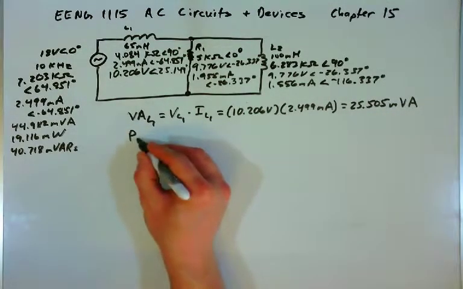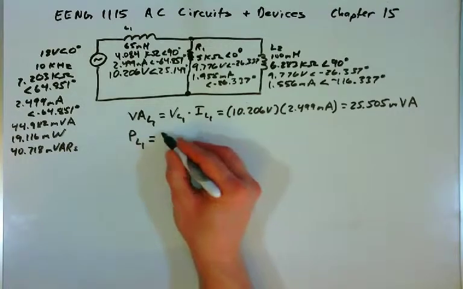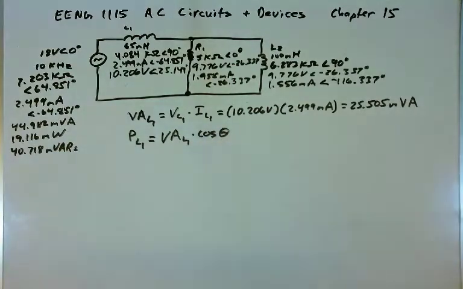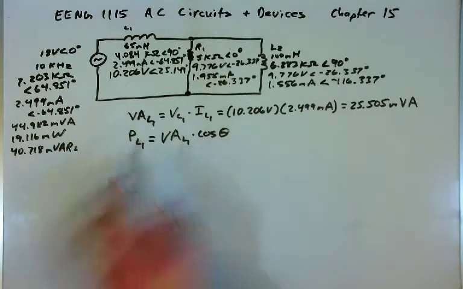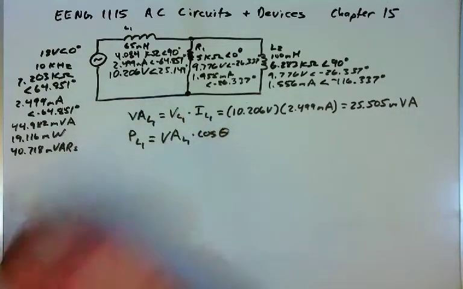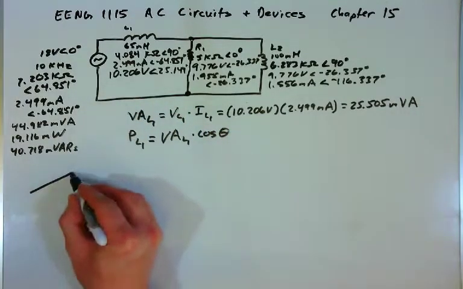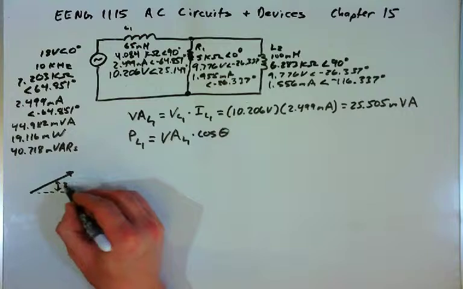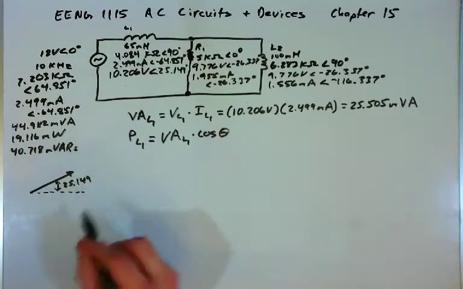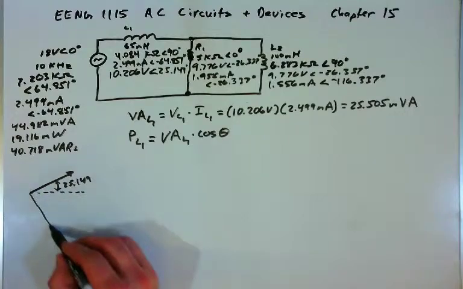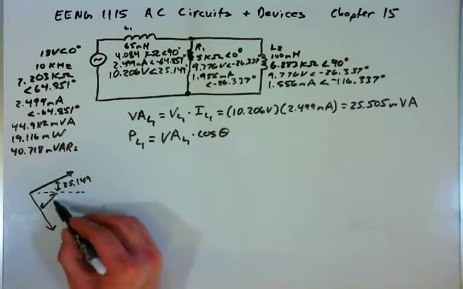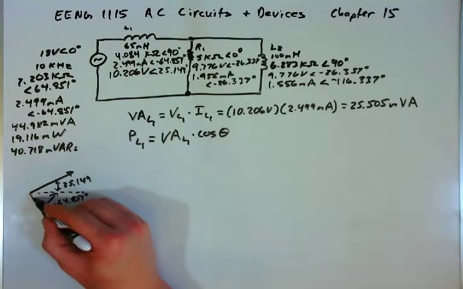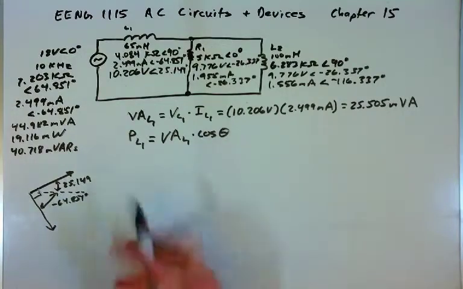Now we can find the power to inductor 1, which will be the volt amps of inductor 1 times the cosine of the absolute value of the angle between the voltage and the current. And so again, it's helpful to look at the vectors graphically. We have a voltage that is at a positive 25.149 degrees, and we have a current that is at negative 64.851, and you can see that these vectors will be 90 degrees out of phase.